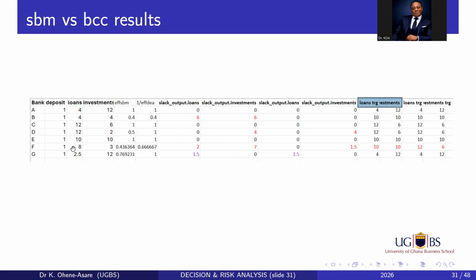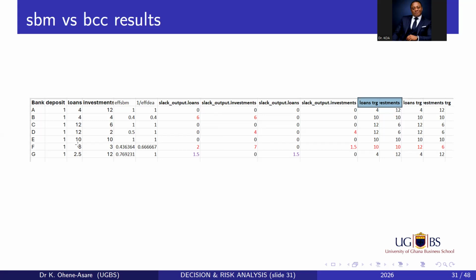That is 8 million loans, 3 million investment. But they are supposed to have what? 10 million loans, 10 million investment. When you combine these two relative to the actual, you will see that we are talking about 9 million of loans and investment that this particular bank is supposed to pull up. 9 million.